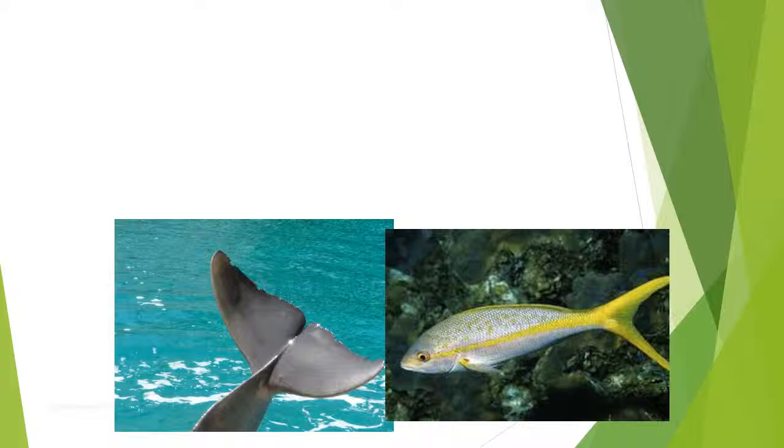So the dolphin and the fish are not related, but they do live in similar habitats. They both live in the water, and they both swim, so it makes sense that they would both have a tail. So an example of convergent evolution is the fact that dolphins and fish both have tails, but one is a mammal and one is a fish.